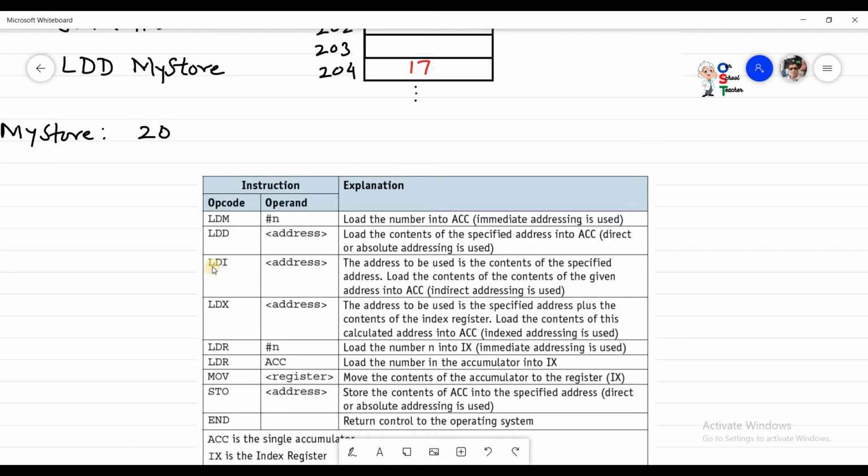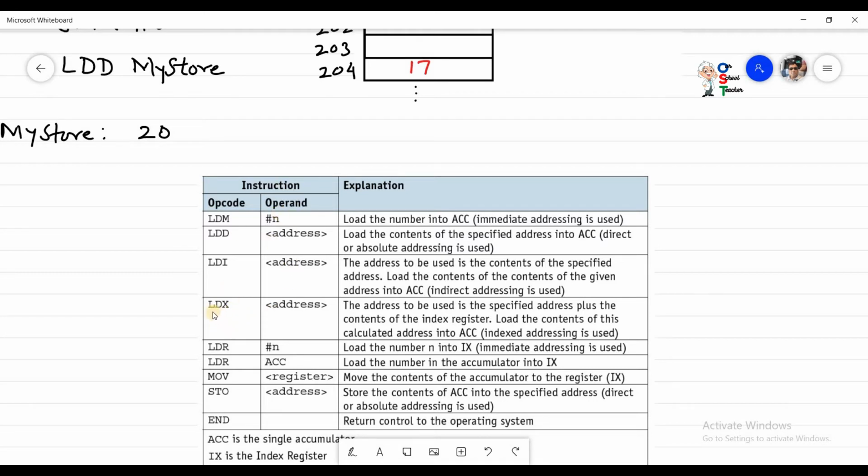LDI stands for load indirect, so here indirect addressing is used. The content of the address would be an address, and from that address the value will be picked and loaded into the accumulator. Then LDX; we will see all these in the examples.